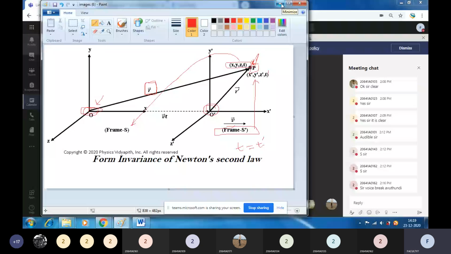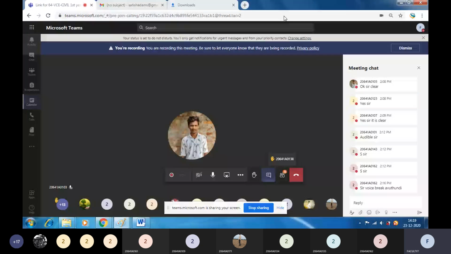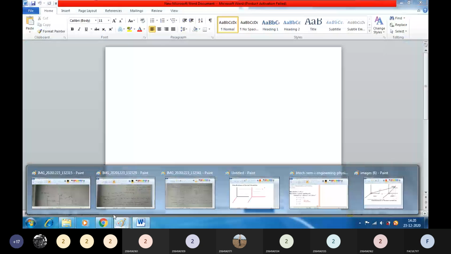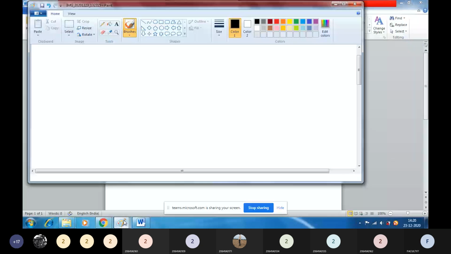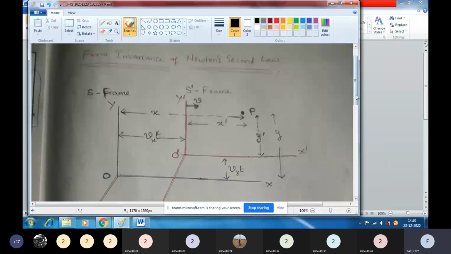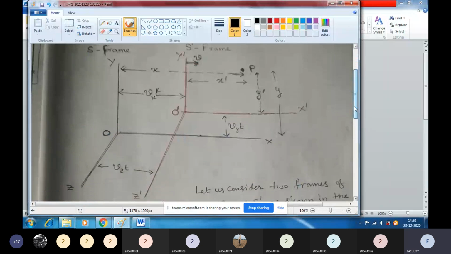Now let me go with the matter that we are going to write in the notes. Observe here, this particular frame has moved towards y, and there is a movement towards z also.